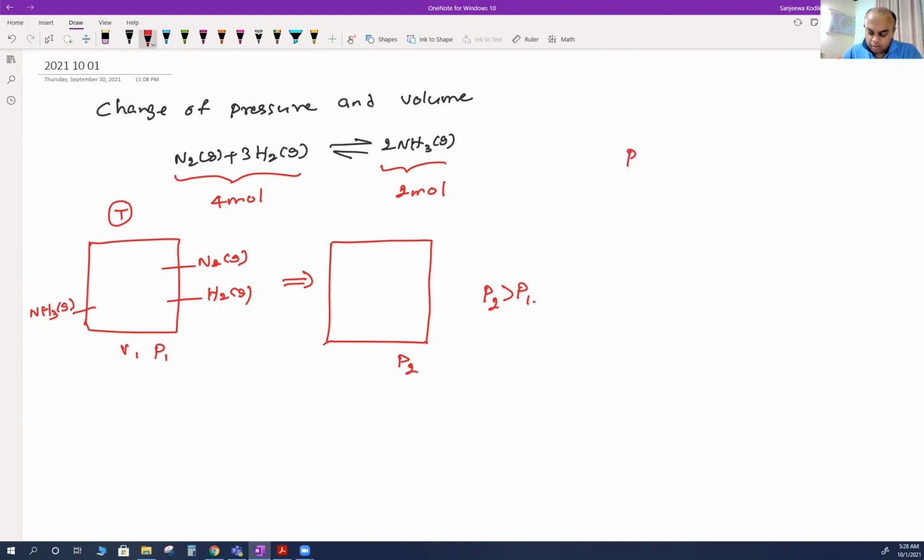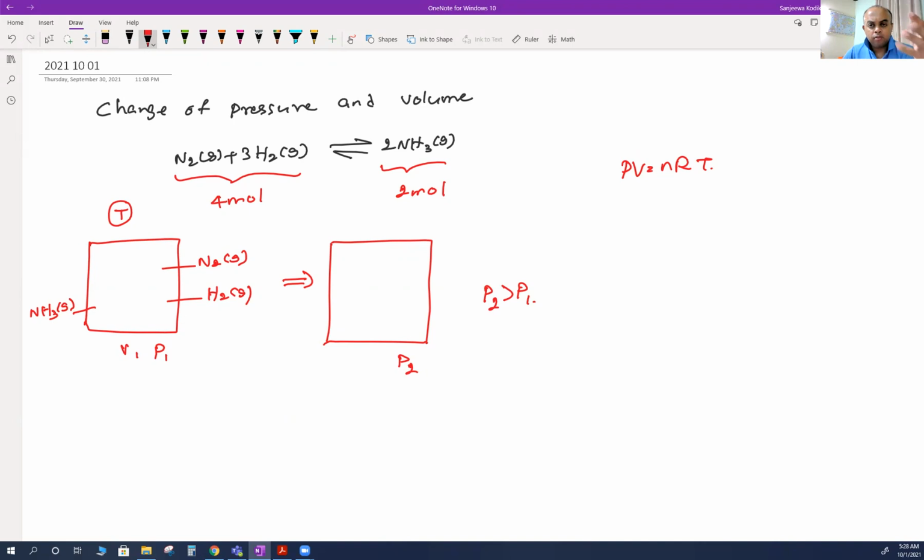So let's go to the basic equation, PV equals nRT. According to Le Chatelier's principle, the system will try to do the opposite of whatever the external environment does. The system will try to negate and compensate whatever the external environment does.